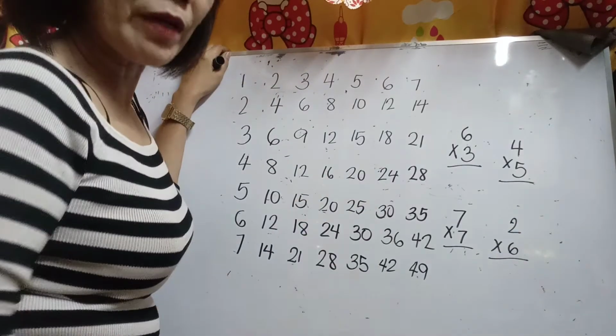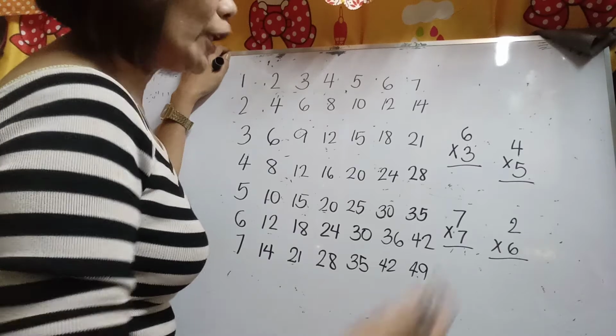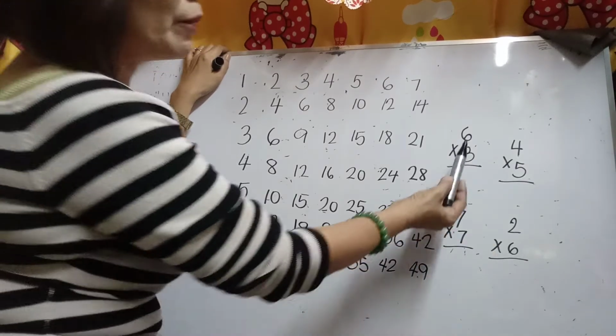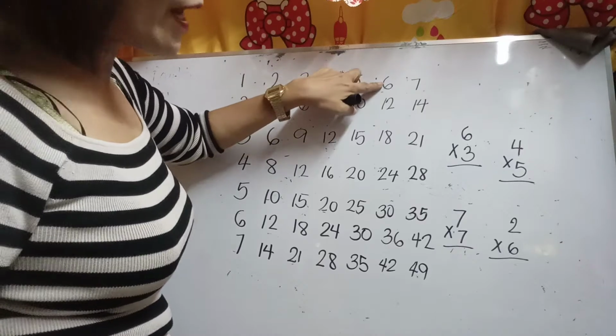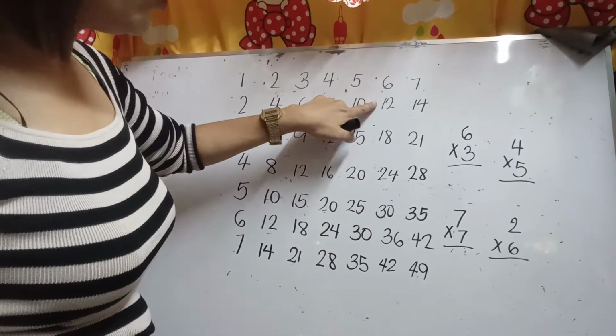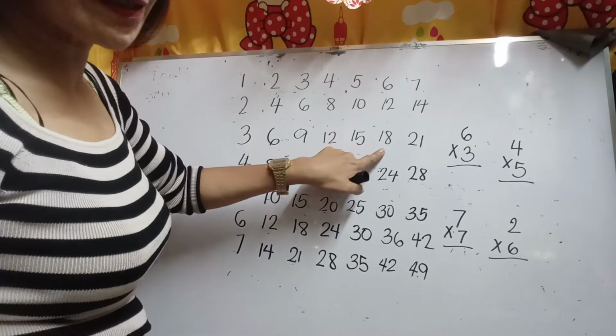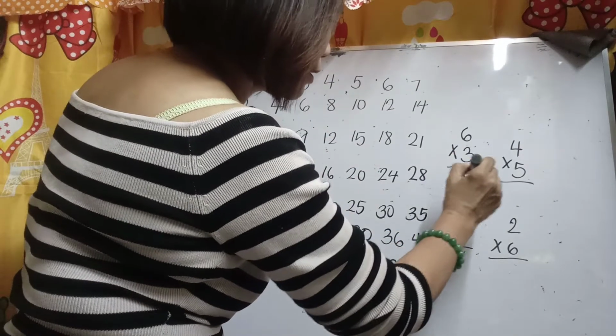So, for the beginners, for the grade 2 students, ganito lang ang gagawin ninyo. Sabi niya, 6 times 3. Punta kayo sa 6, bilang kayo ng 3. You have to count: 1, 2, and then 3. Kung saan nag-stop, yun yung inyong answer. So, here we have 18.